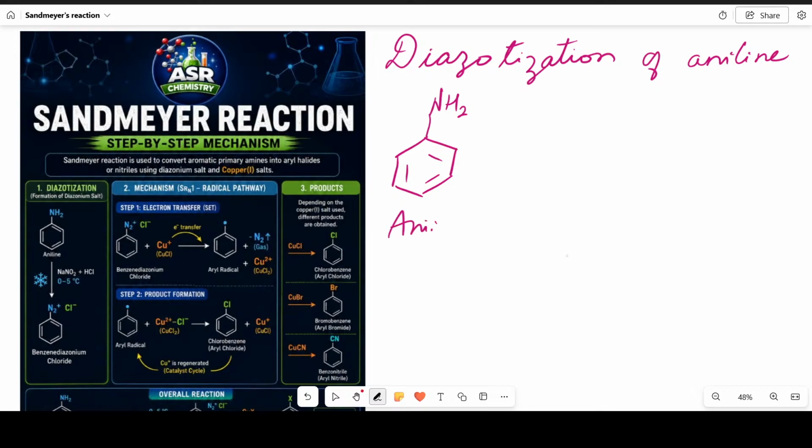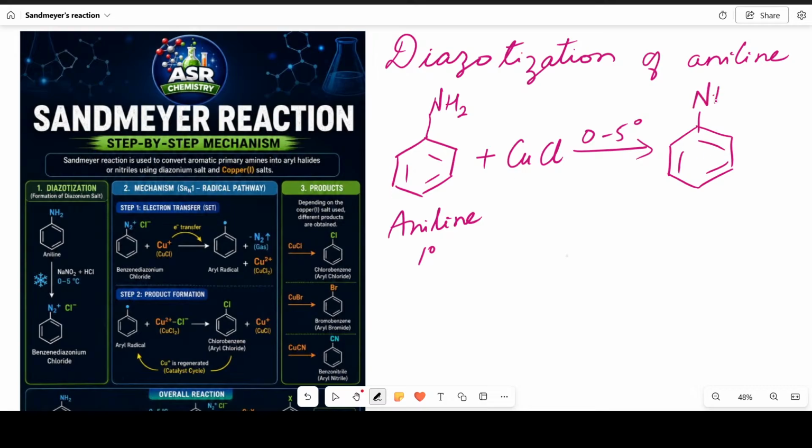Aniline, a primary aromatic amine, is treated with sodium nitrite and HCl at 0 to 5 degrees Celsius, and I get a benzene diazonium salt, C6H5N2+ Cl-.